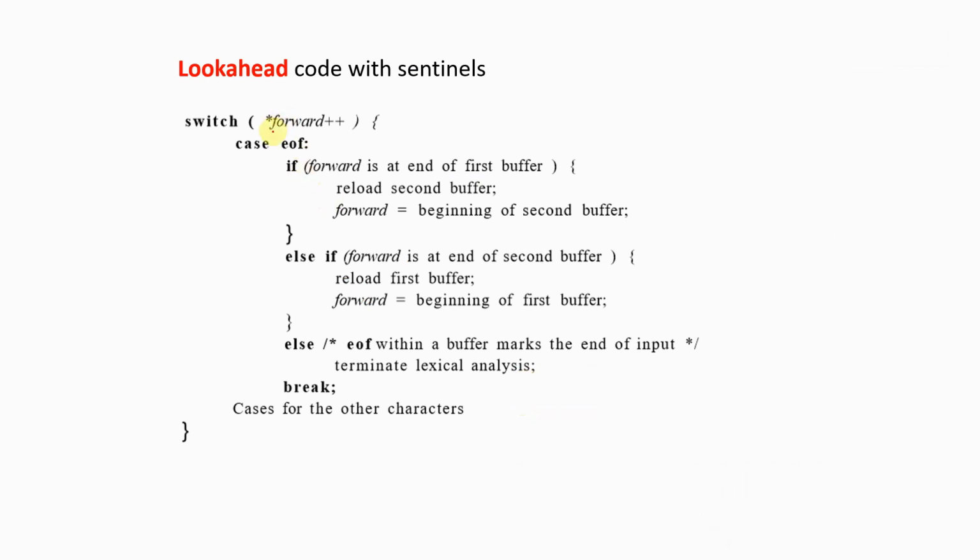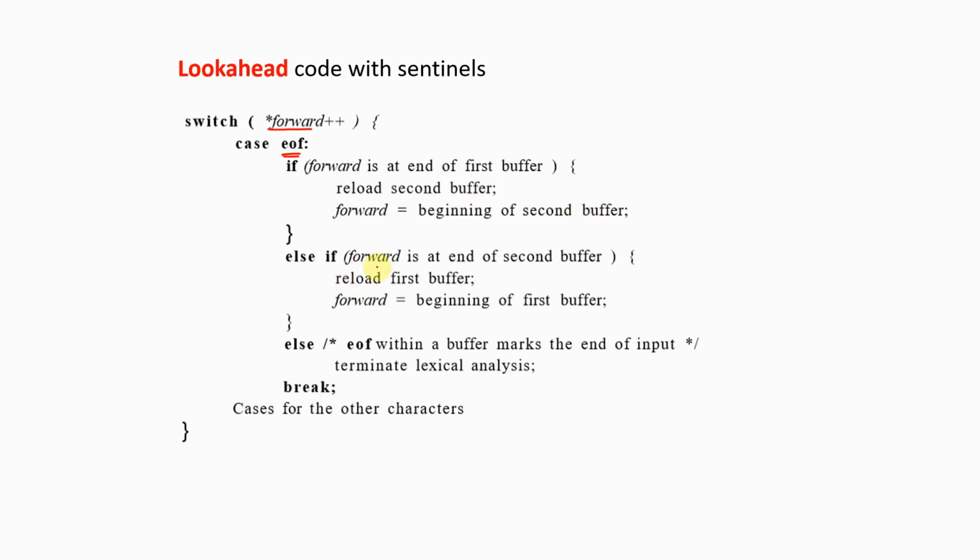And you see here, this is a forward pointer, and the forward pointer encountered a sentinel character. If the forward pointer is at the end of the first buffer, it will load the data in the second buffer, and the forward pointer moves to the beginning of the second buffer.